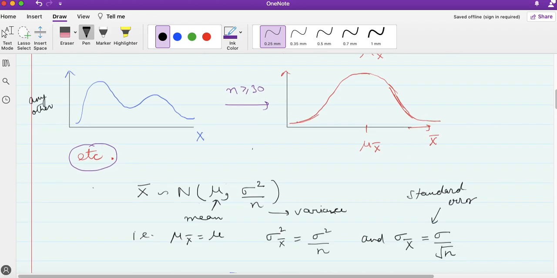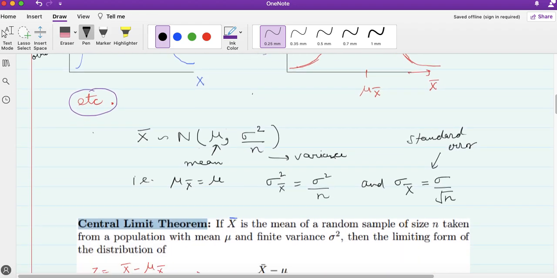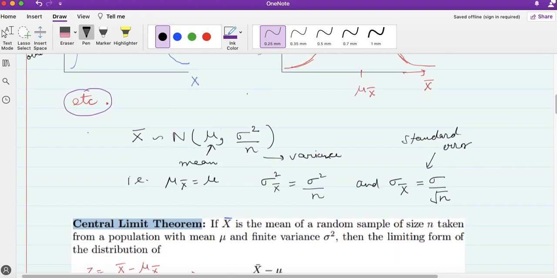If we try to understand what it means in notation, let's say we are plotting x bars and x bars are behaving normal. Whenever we say normal, we need two parameters: one is the mean and the second is the variance. Always remember that when we find x bars, the mean remains the same as the population mean, but the variance changes from sigma square to sigma square upon n.